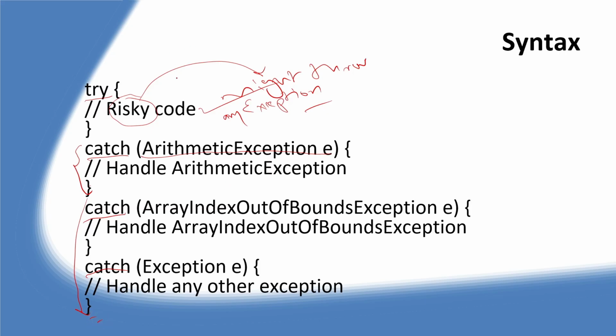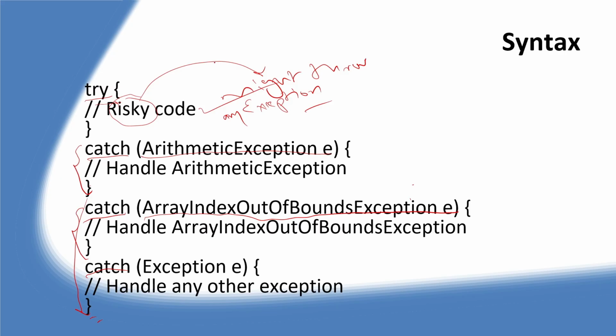If we get an array index out of bound exception, then on the statement where we get this exception, Java will try to find the matching catch block. Okay, array index out of bound, so this is the catch block, and it will directly execute this block.